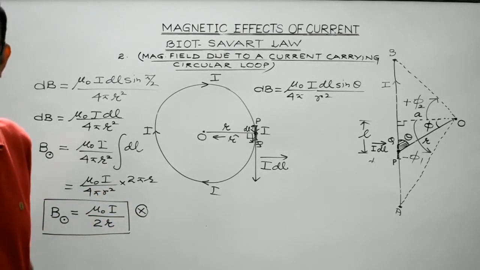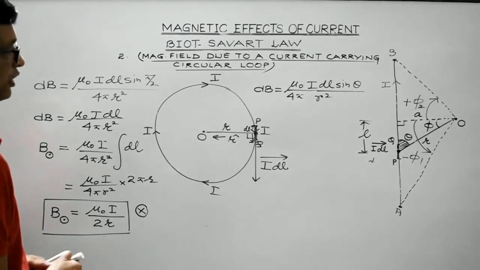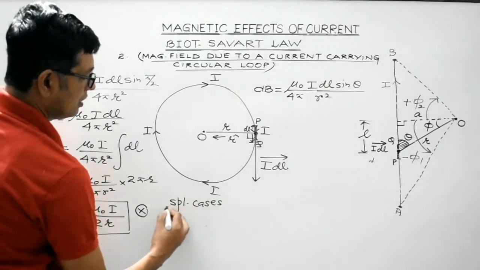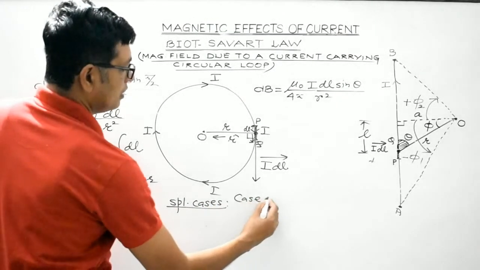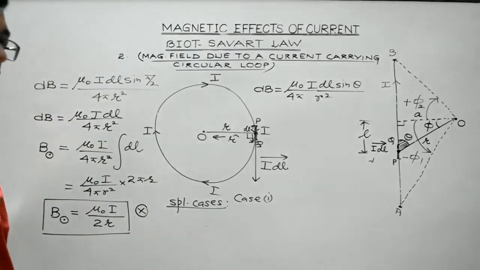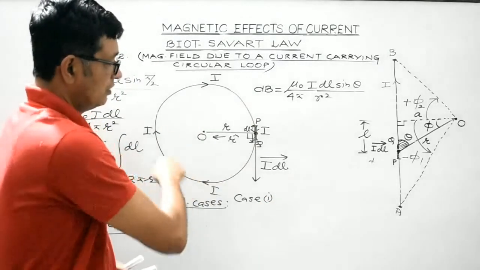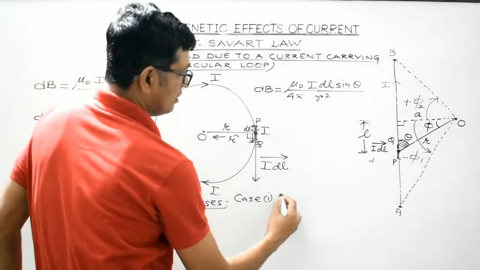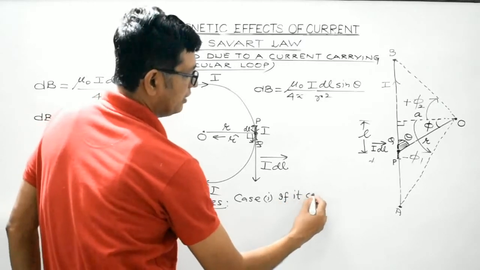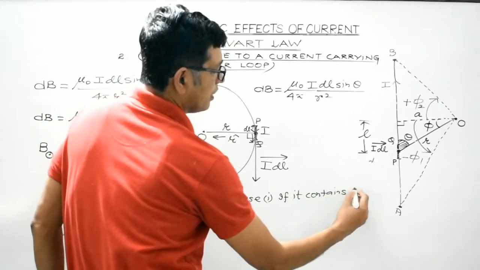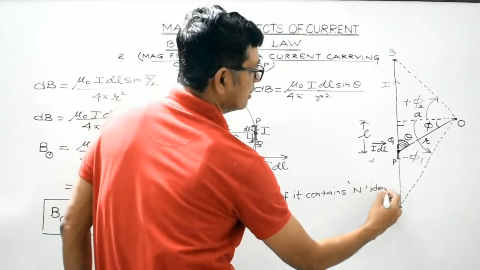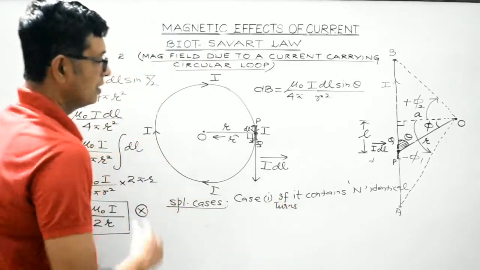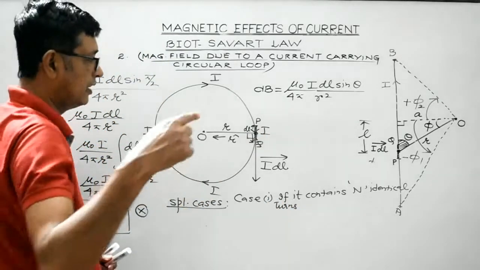Now let's discuss some special cases. Case 1. Case 1 is, students, if this loop contains n identical turns, then what will happen is, due to a single turn, the magnetic field is directed inwards.